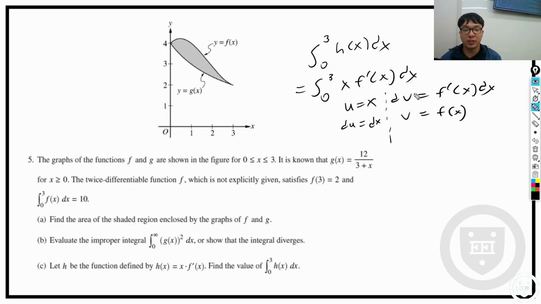So if we use integration by parts, we will get that this is equal to uv from 0 to 3 minus the definite integral of 0 to 3 of v du. Plugging it in directly, we get x f of x from 0 to 3 minus 0 to 3 of f of x dx.